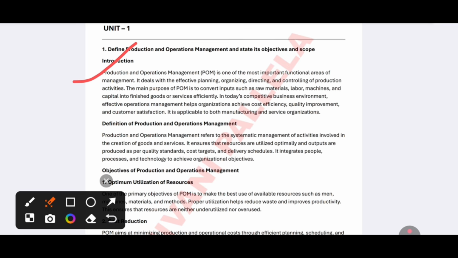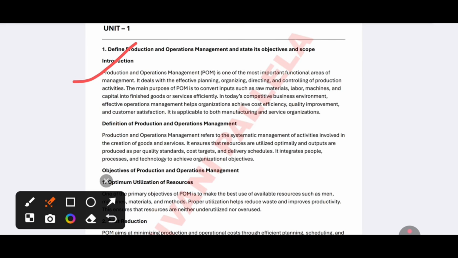It deals with the effective planning, organizing, directing, and controlling of production activities. With the help of this operations management, we can deal with the planning, organizing, directing, controlling of all the activities in the production.